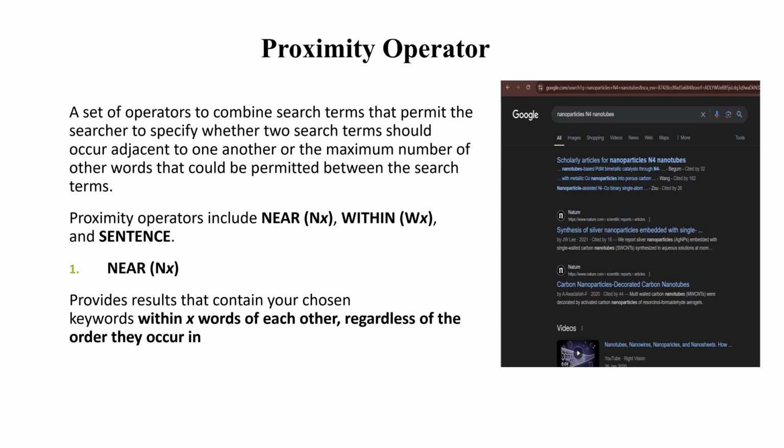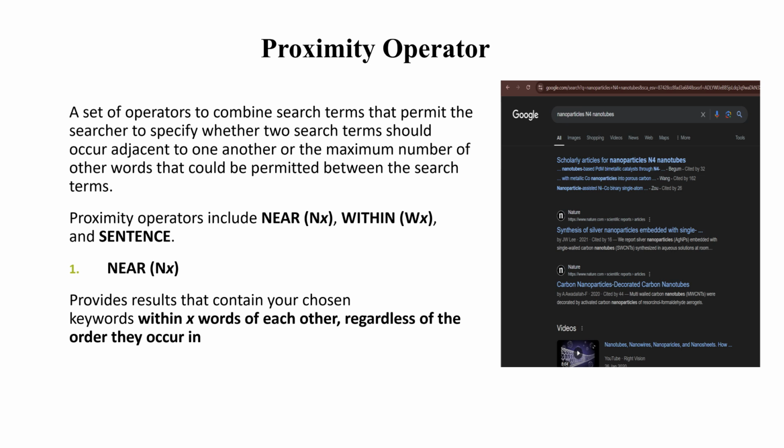That means the reverse of such a query is not possible with a proximity operator. The same type of operator is the within operator. Within means if a term appears within a particular distance, or if the two terms appear in a sentence, then we also use the sentence operator.